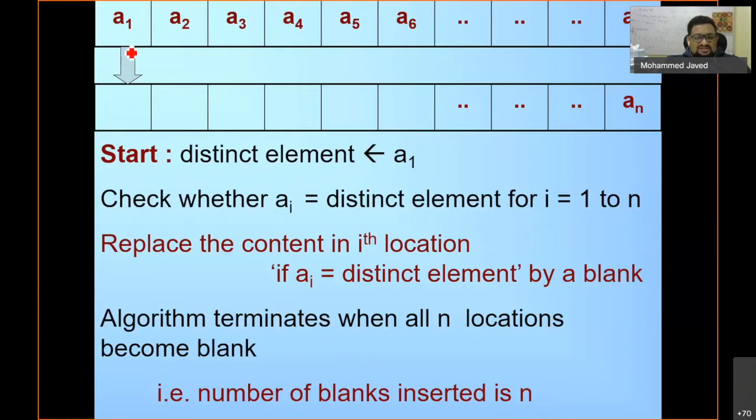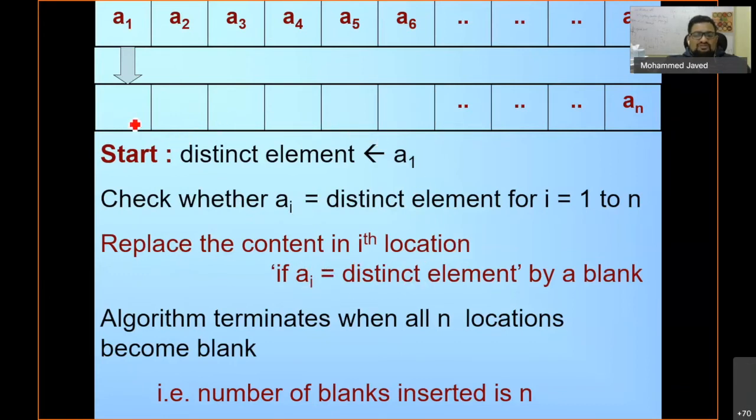So you initialize the first element and then check whether the next elements in the array are equal to A1. This gives one loop, one pass for the entire array. Replace the content on the ith location if AI is equal to the distinct element.